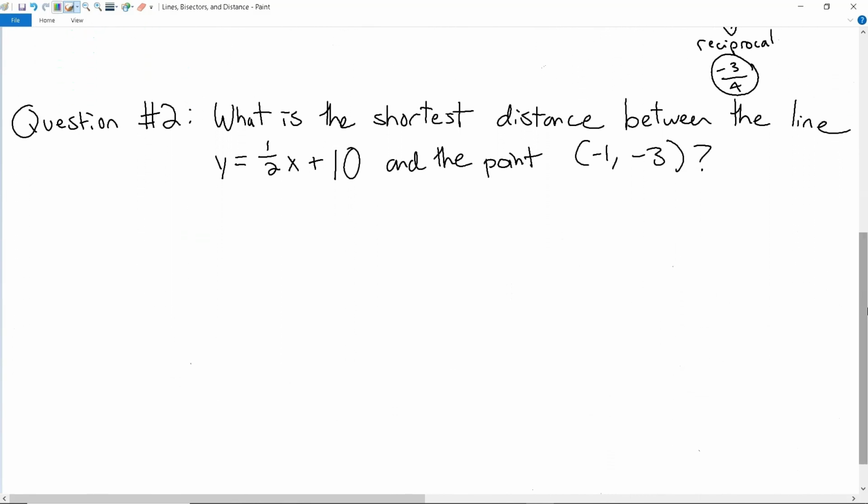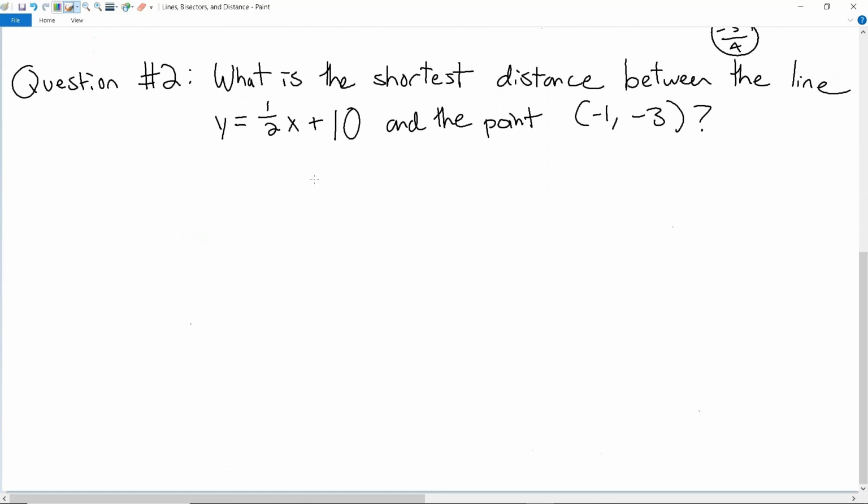A little bit trickier. What is the shortest distance between the line y equals 1 over 2x plus 10 and the point -1, -3? Once again, let's do a quick drawing. This is our 1 over 2x plus 10 equation, and I'm going to put the point -1, -3 a little bit lower.